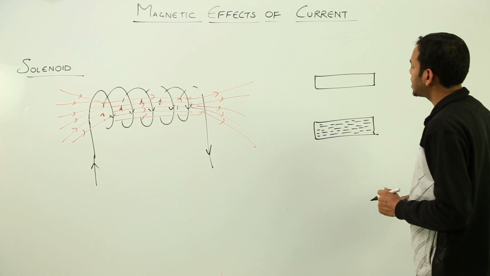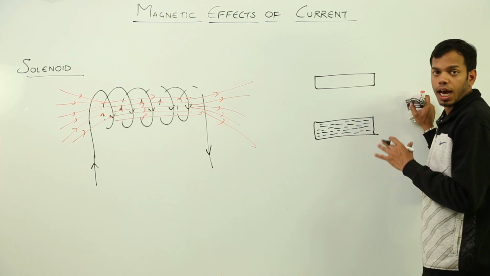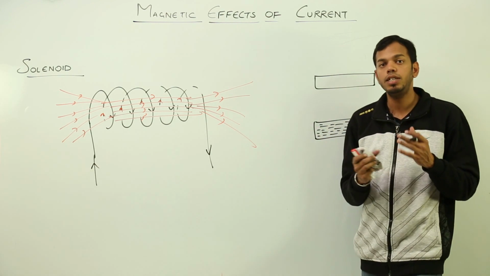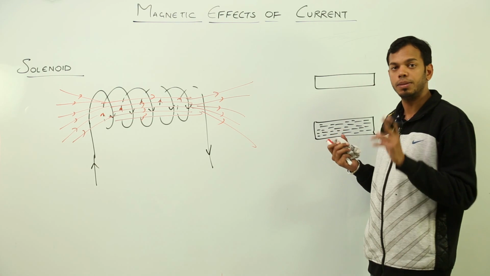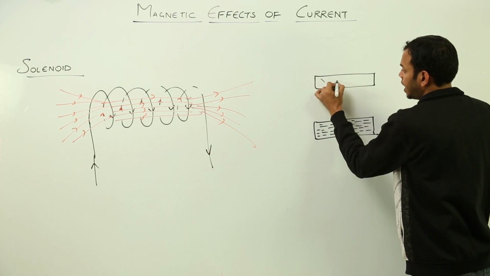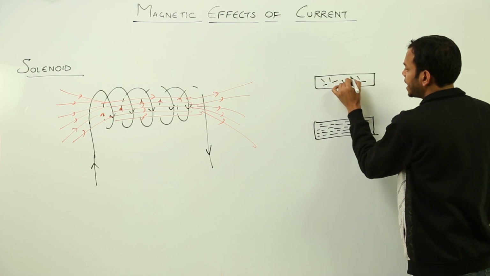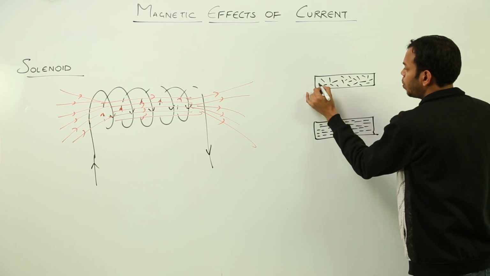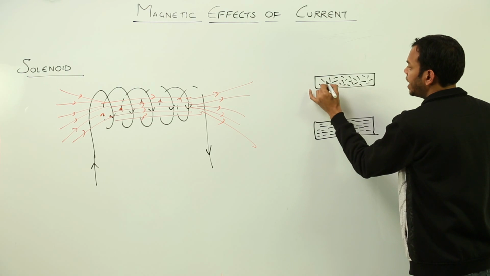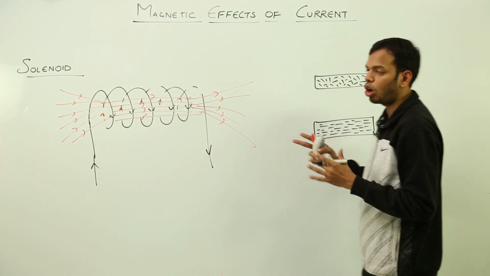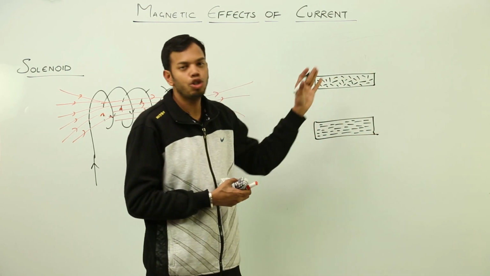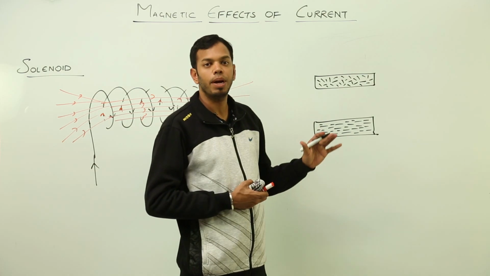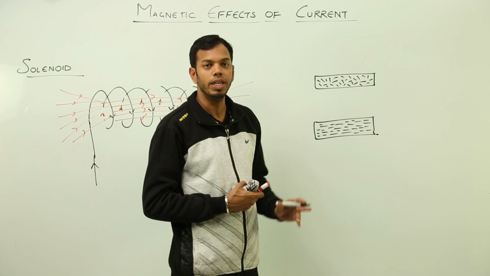But in this case, suppose this is an iron piece, iron is a ferromagnetic material. So iron also has such kind of domains, but the domains are randomly placed. Alright, so they are in zigzag pattern. So what happens is the overall magnetic effect of all the domains cancel out each other. But we have a method by which we can incline all these domains in one direction.